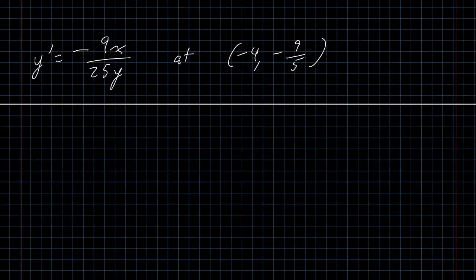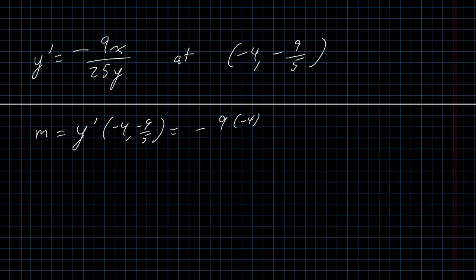And from here, everything works the same way. The slope of the tangent line is y prime at (-4, -9/5), which means it's -9 times -4 divided by 25 times -9/5.